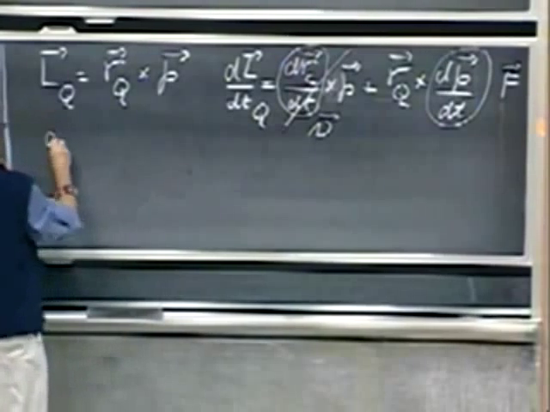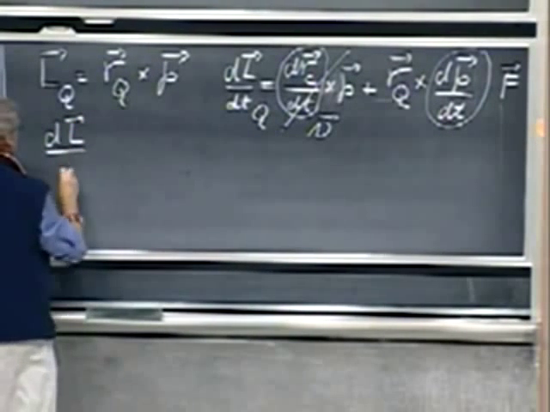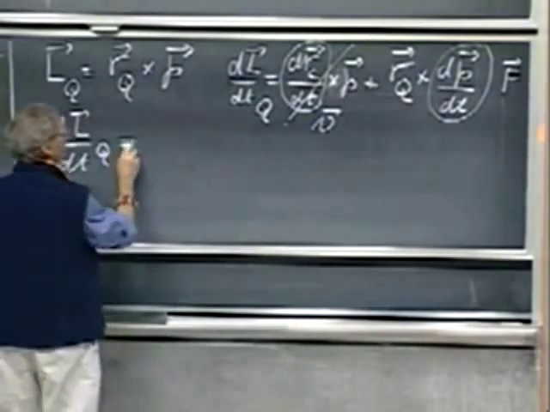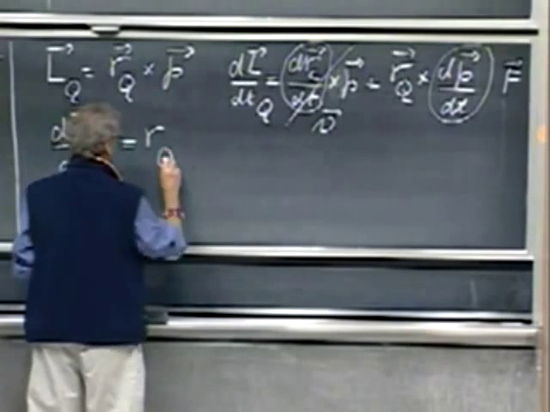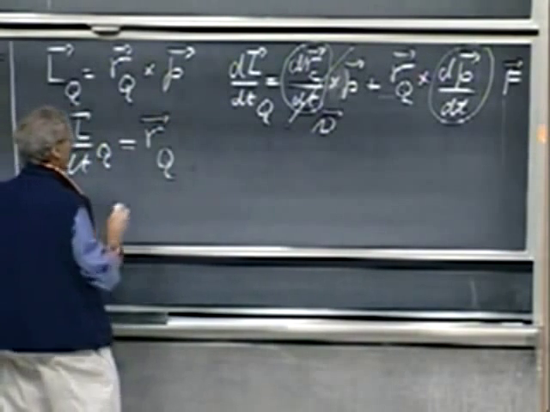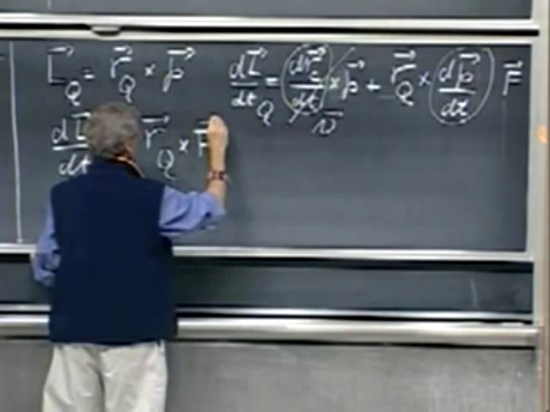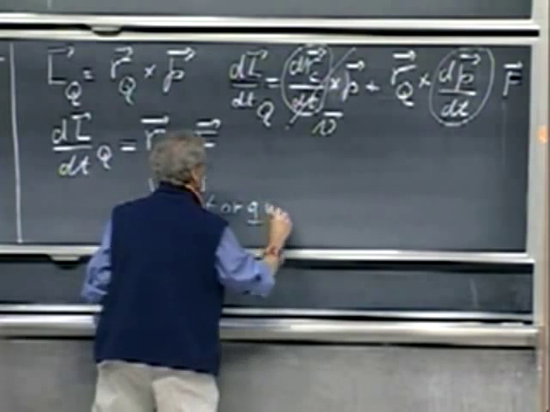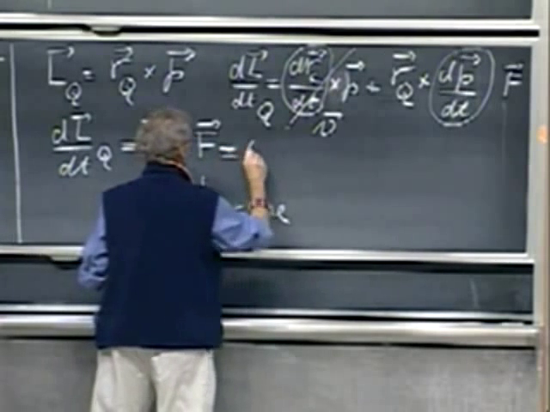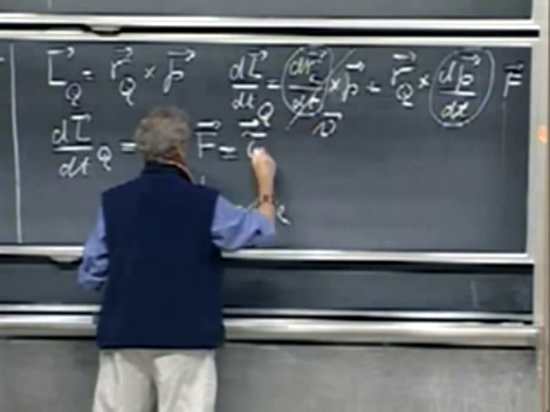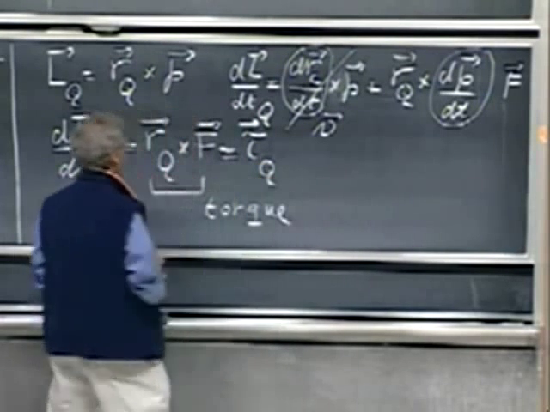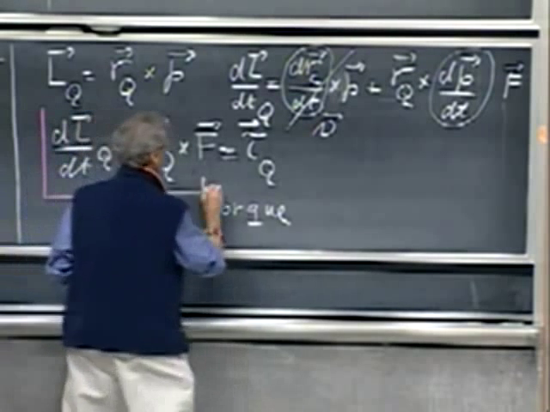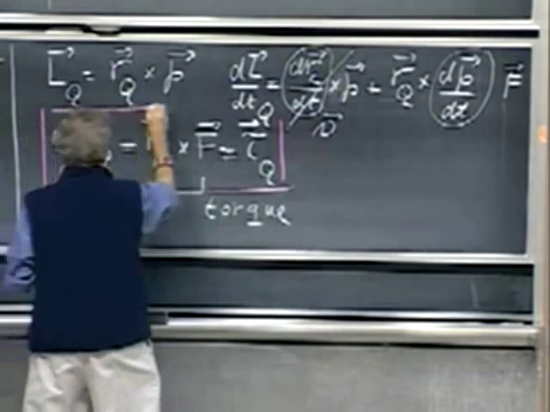And so now we have that dL/dt relative to a point Q equals the position vector r from that point cross F. And this now is what we call torque. And we write for that the symbol tau. It is a vector. And I put in that Q again. And this is one of the most important equations that will stay with us for at least 5 lectures.